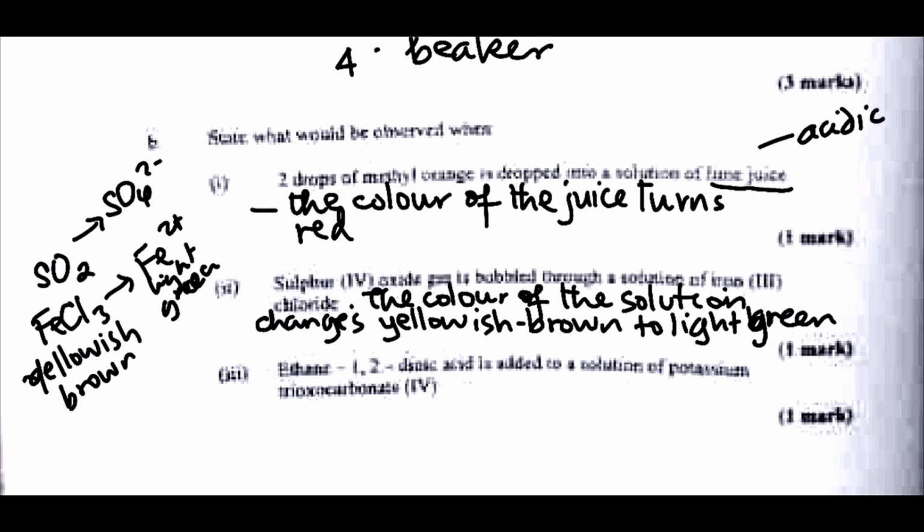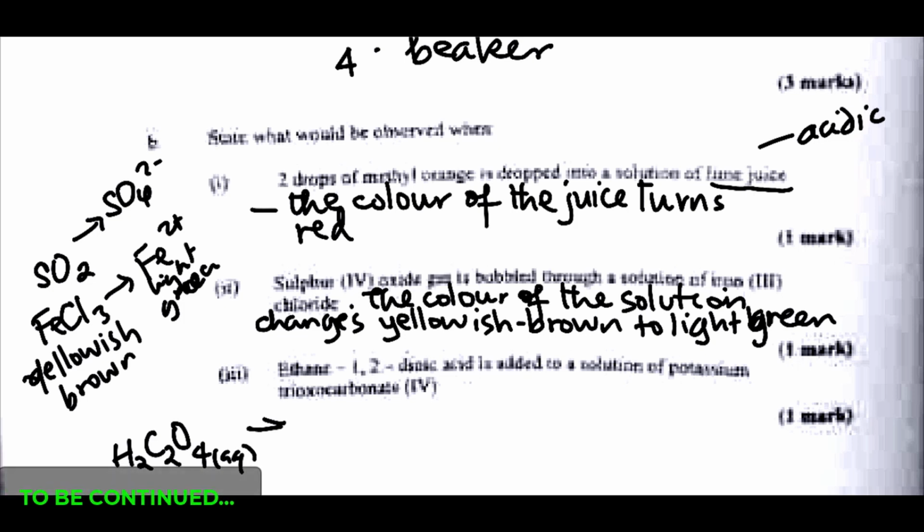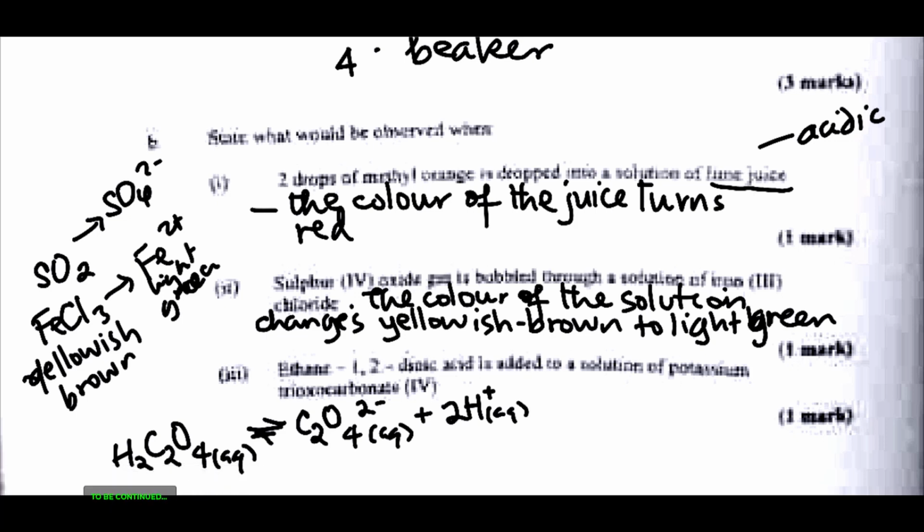Lastly, when ethane-1,2-dioic acid is added to a solution of sodium trioxocarbonate(IV). Ethane-1,2-dioic acid, that's H2C2O4, is an acid, right? Which undergoes partial ionization to give us C2O4 2- plus 2H+, a dibasic weak acid. So when it reacts with sodium trioxocarbonate(IV), which is a base in a way, there will be an evolution of what?